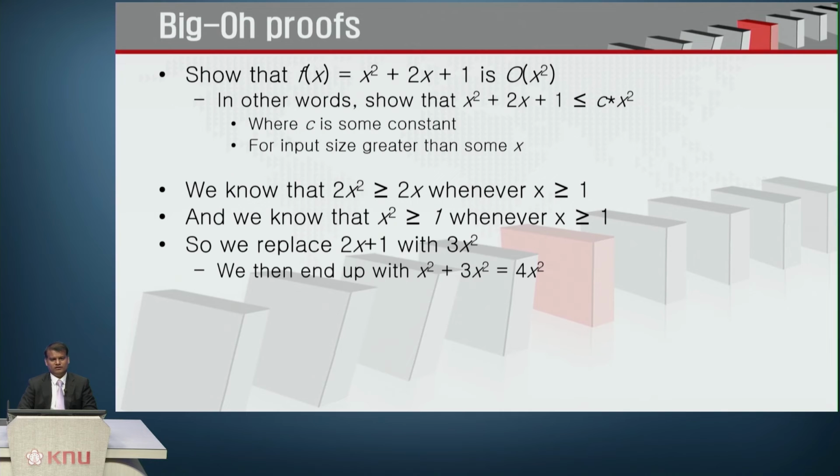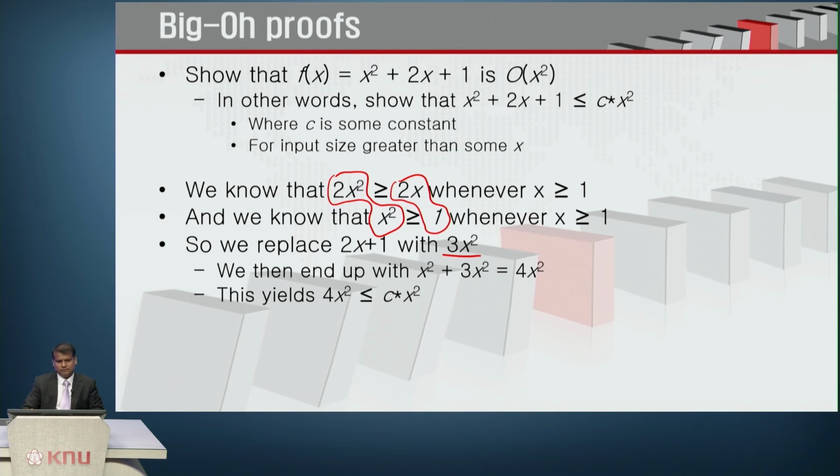So 2x square and x square take us to 3x square, and this yields 4x square is less than or equal to c times x square.